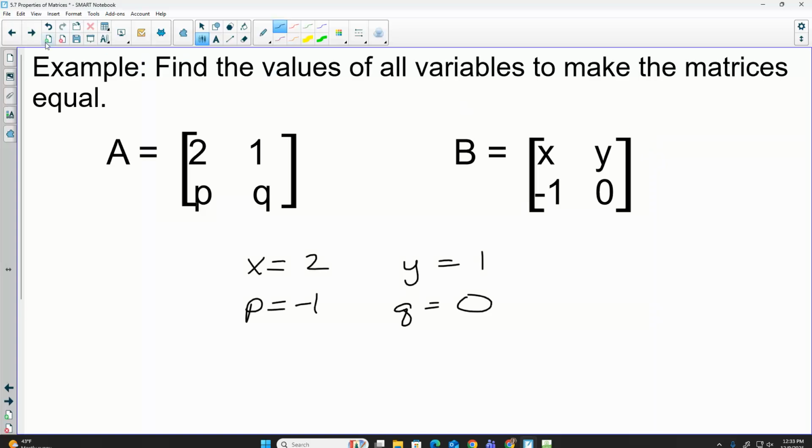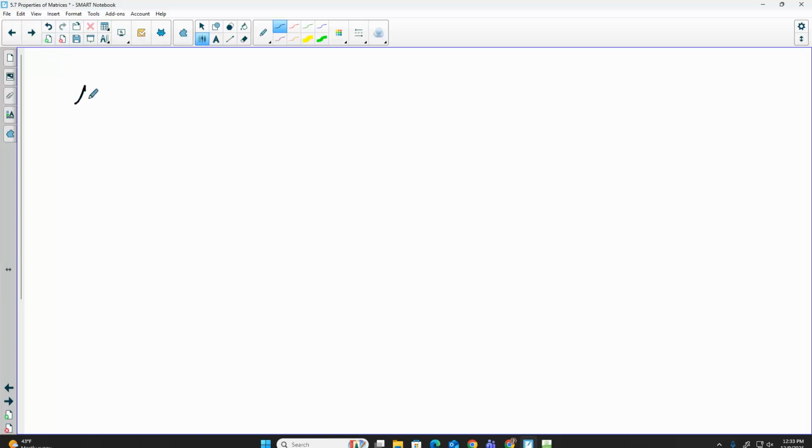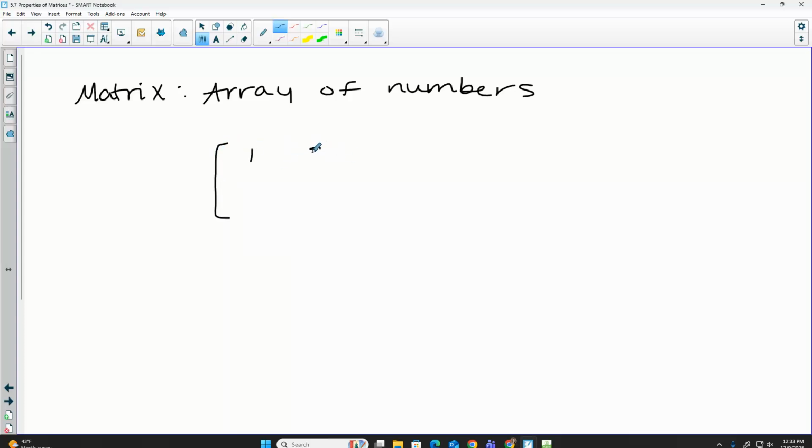So, with a matrix, it's just an array of numbers. You can have positives, negatives, fractions, decimals, any of those things.